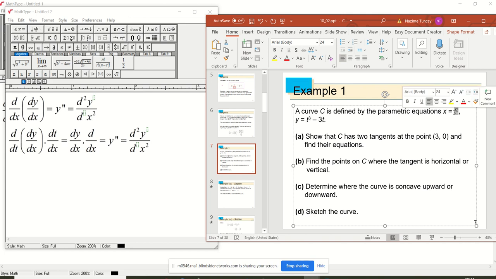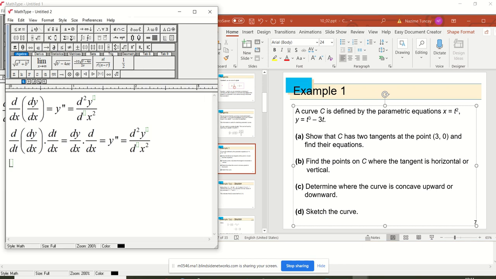When we talk about derivatives like this, it is not square, but here this is square. And I have y here, which is a function in terms of t. I can write this as y(t).